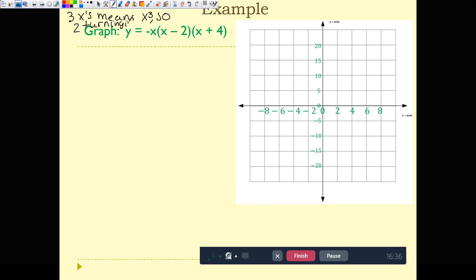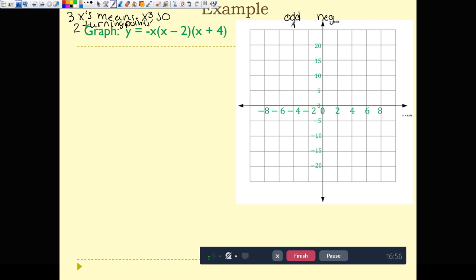All right, and so it's odd and negative because of the number out front. So odd negative is kind of like a negative flip, so it's going to be pointing up and then down.